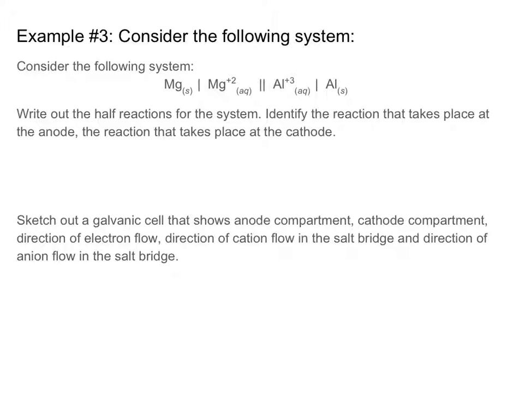So anode is the side that tends to lose electrons. So I'm going to write it like this. Magnesium will lose electrons and become the magnesium ion, and I have to show that it lost 2 electrons. So there's the half reaction.